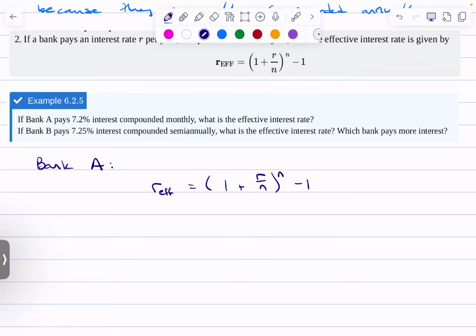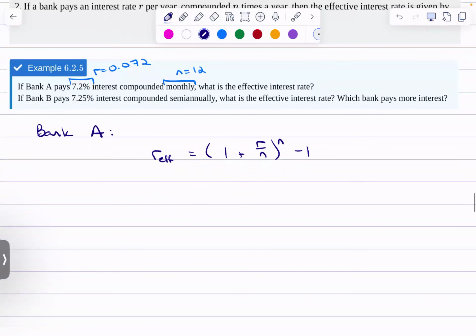There's not a lot of information that we need, right? We were given that r is 0.072 and compounded monthly means n is 12. That's all we need though, to find the effective interest rate, which is 1 plus 0.072 divided by 12 to the power of 12, then minus 1.